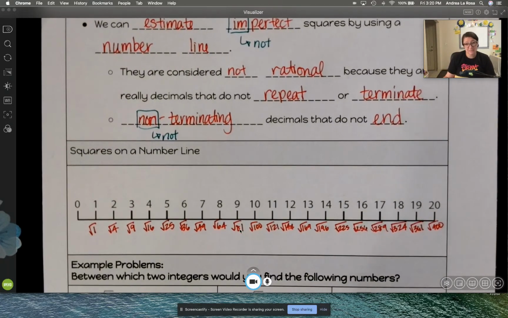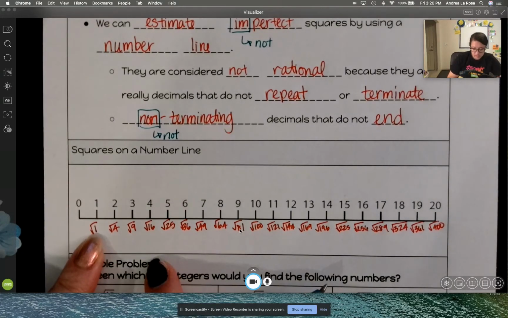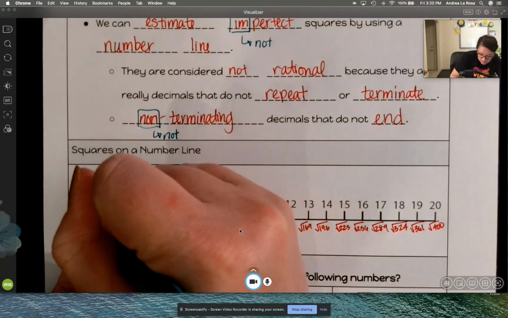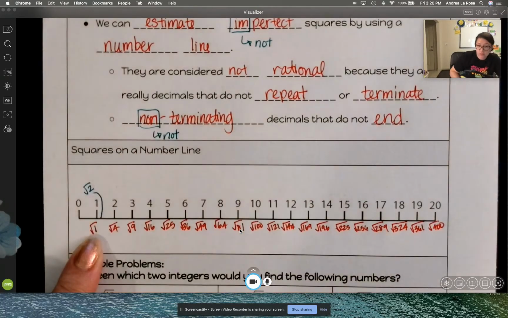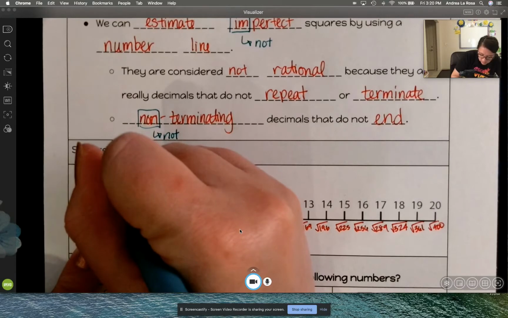But these imperfect square roots are in the middle between them. So I know 1 is the square root of 1, 2 is the square root of 4. What that means is between that 1 and 4, I'm also going to have the square root of 2. I'm also going to have in there the square root of 3.